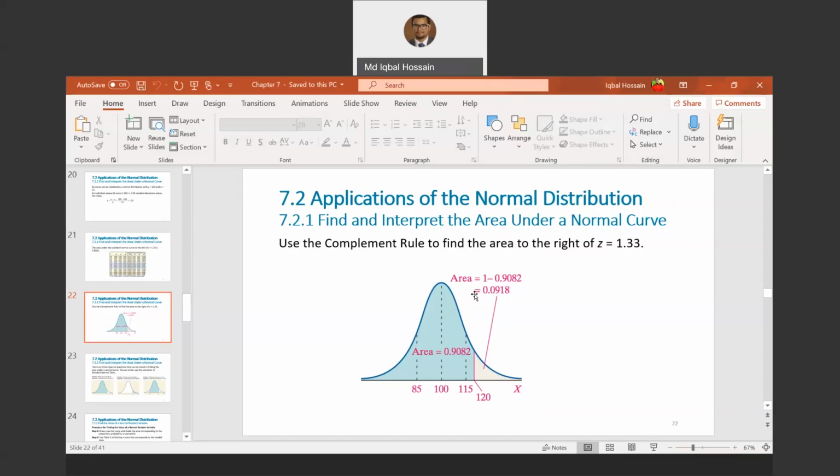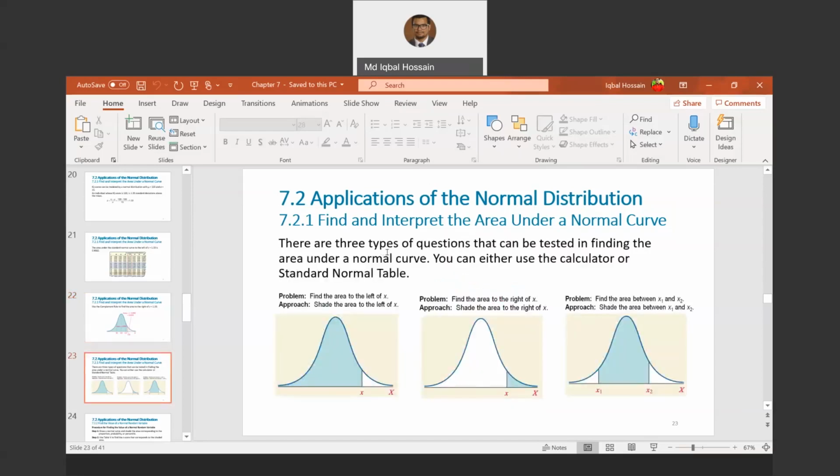So now, what we need to know when we are considering this kind of situation is that we will be asked two different kinds of questions. One question is to find the area on the left from a specific point. For this first case, we have x. Find the area on the right for a specific case.